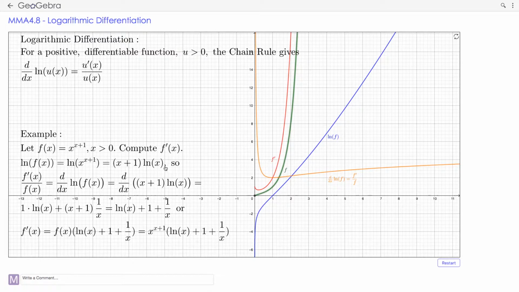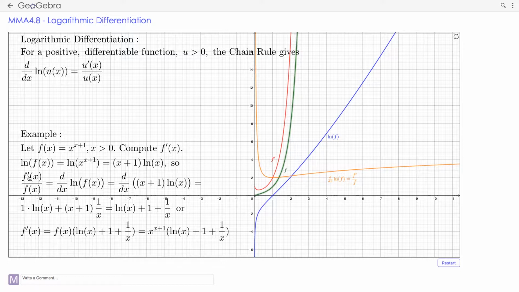So now we have something that we can differentiate. If we take the derivative of this combined thing, it's just using the product rule: differentiate this, multiply by this, plus this times the derivative of this. So let's do that.